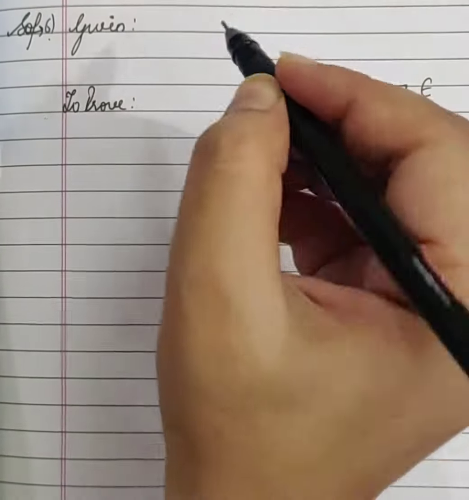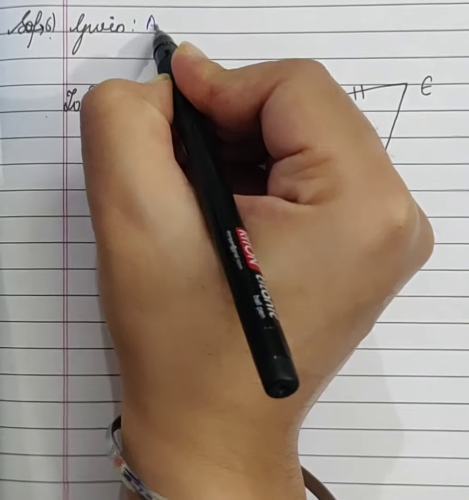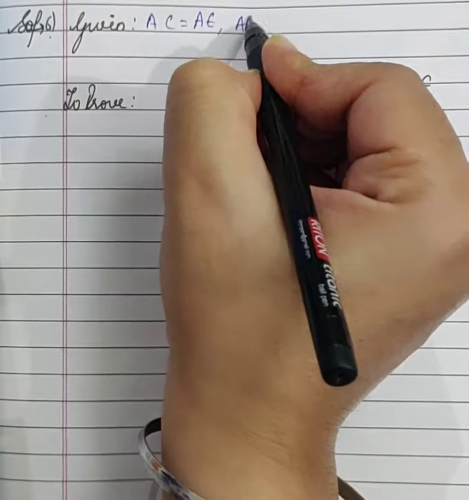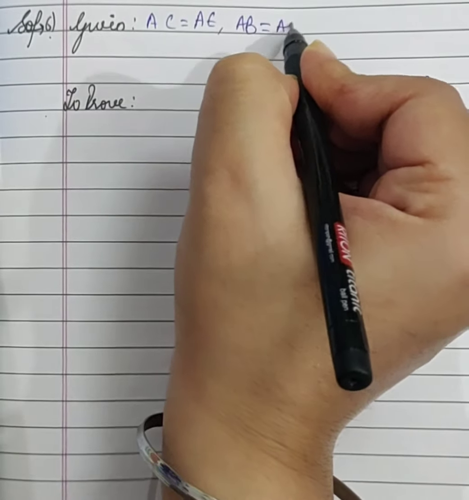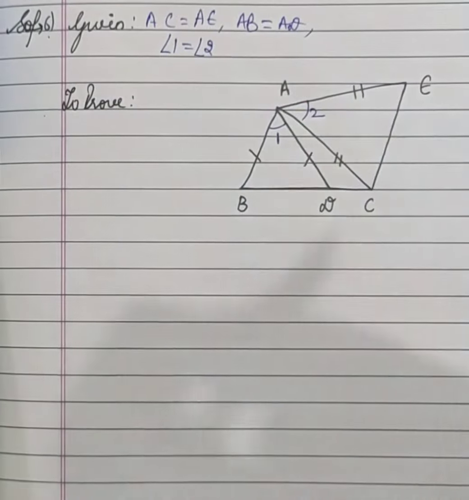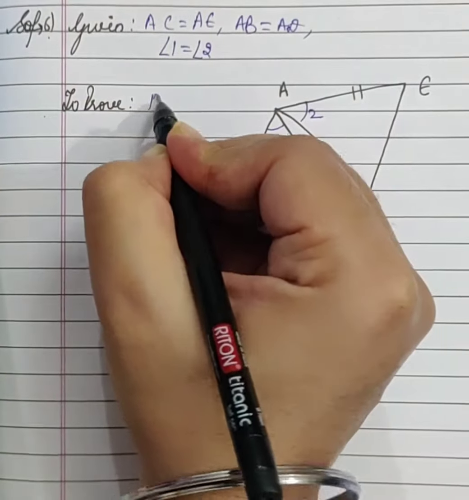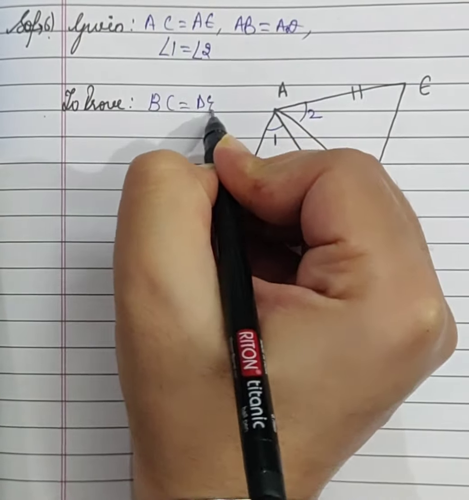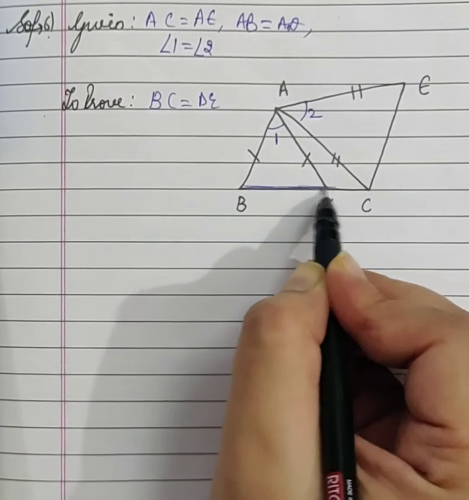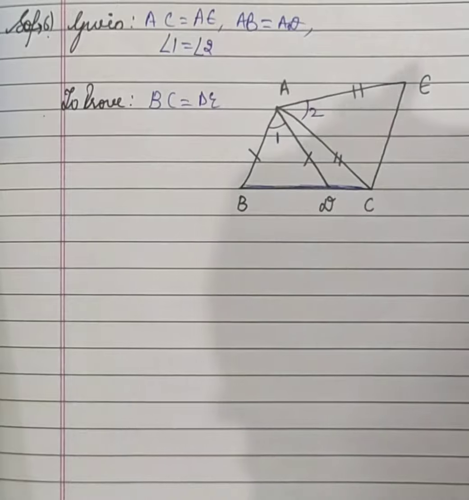So we'll write the given portion first. AC is equal to AE, AB is equal to AD, also angle 1 is equal to angle 2. Show that BC is equal to DE. We are supposed to prove this side BC is equal to side DE.